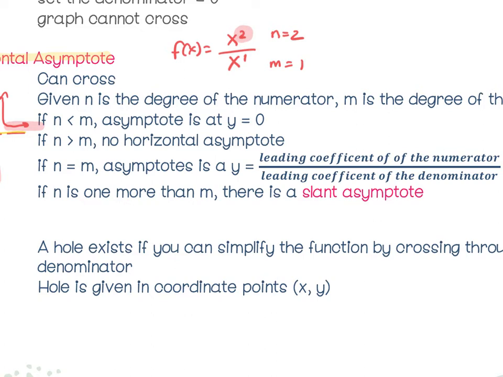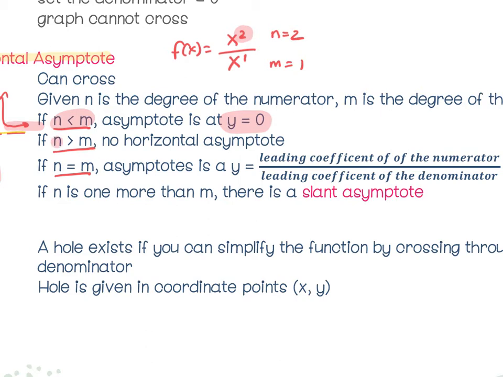Then you want to compare those. They're either going to be this, where n is less than m, this, where n is greater than m, or this, where n is equal to m. If n is less than m, then the horizontal asymptote is the x-axis, y equals 0.